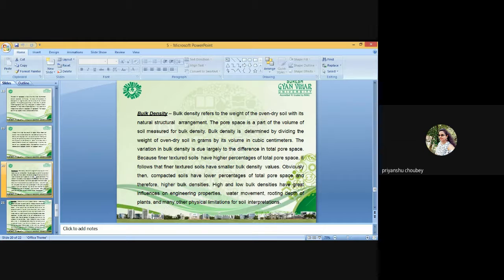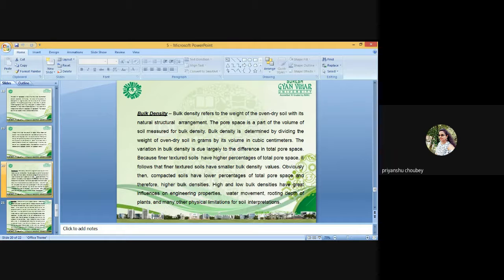It ranges from 0 in dry soil to 100% in completely saturated soil. However, complete saturation is rarely attained under field conditions since some air is always trapped even in very wet soil.